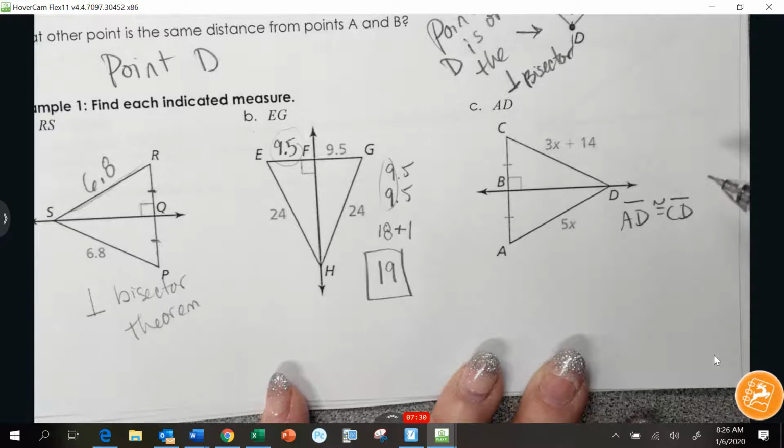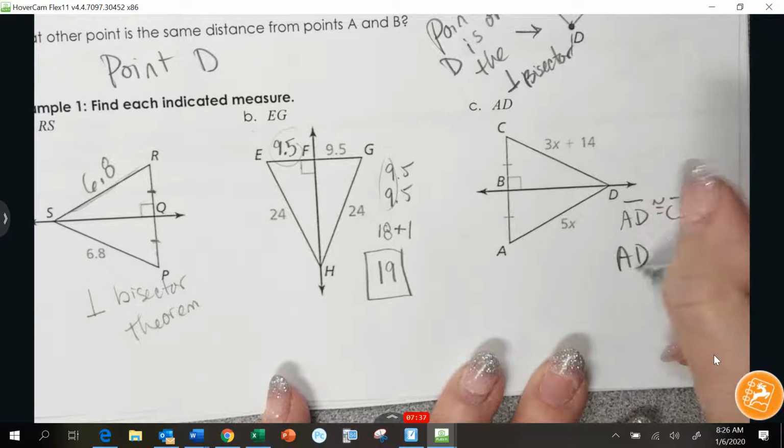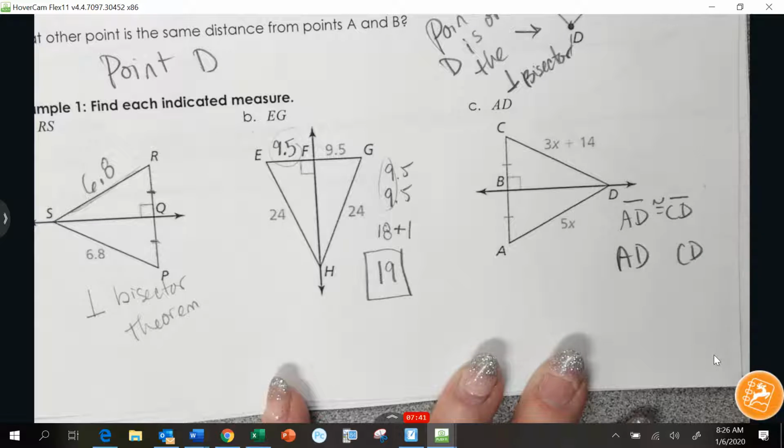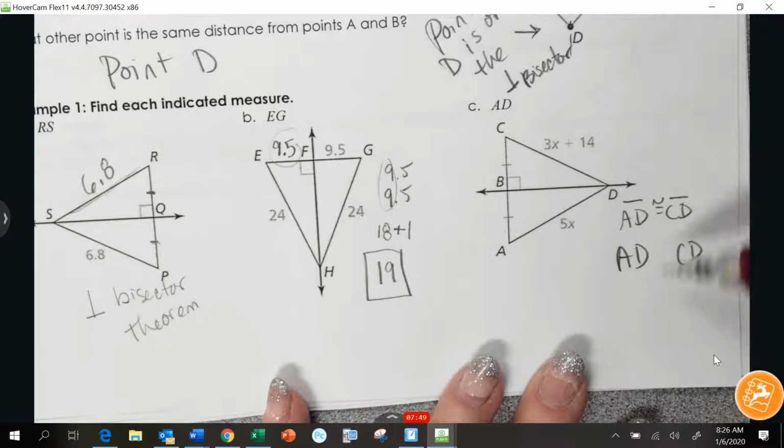Well, that's just the figures themselves, but when I talk about measurements, I'm talking about just AD and CD, and we're not talking about congruence anymore. When I talk about congruence, we're talking about the figures, but when I talk about measurements, I'm not talking about congruence. What goes in here instead?